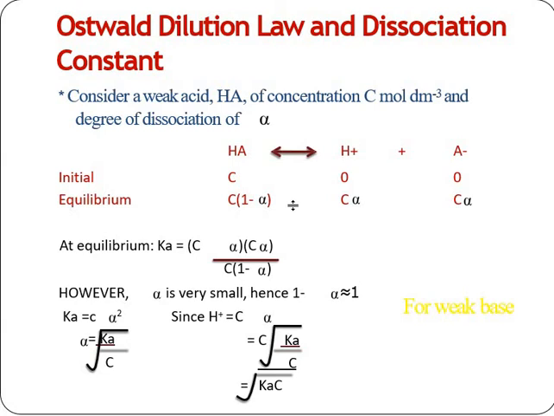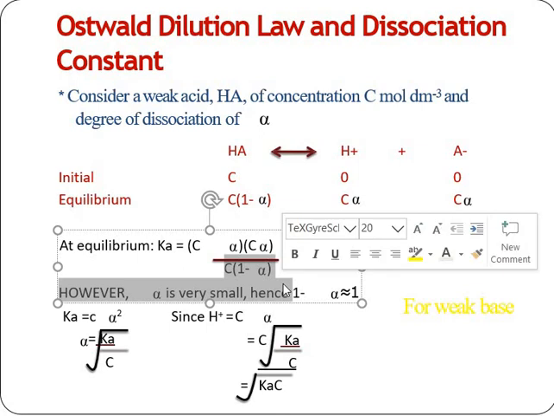We know dissociation constant means concentration of products divided by concentration of reactants. In the above reaction, the concentrations of H plus and A minus are products and the concentration of HA is the reactant. So you can write Ka is equal to C alpha into C alpha, which are the concentrations of H plus ions and A minus ions, divided by C into 1 minus alpha, which is the concentration of HA.